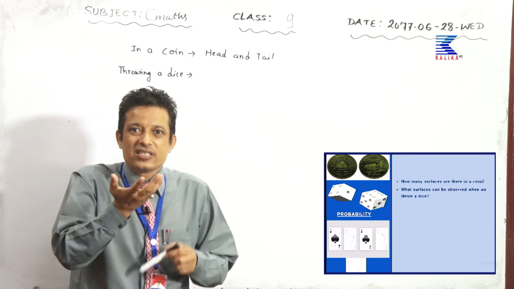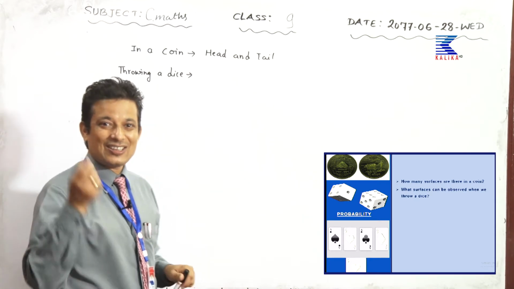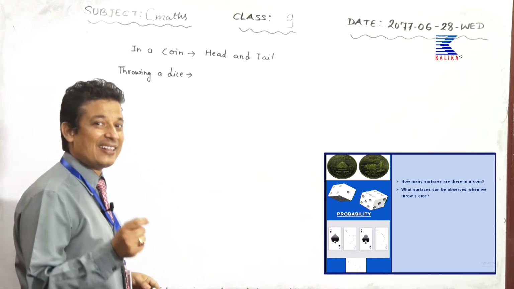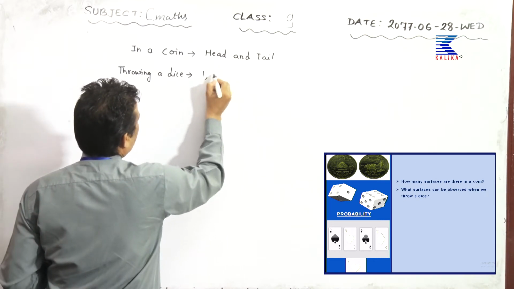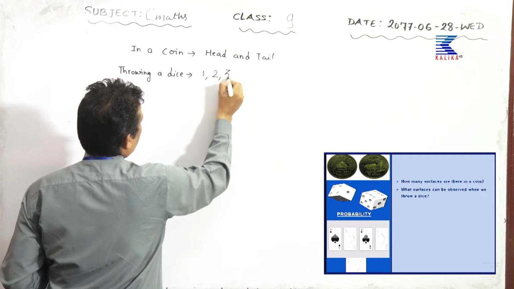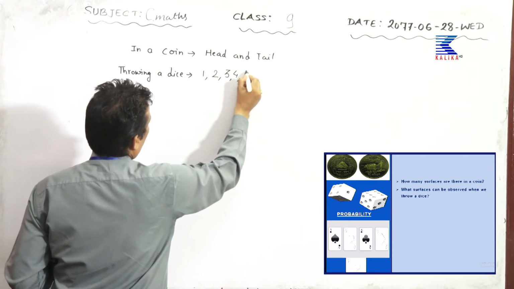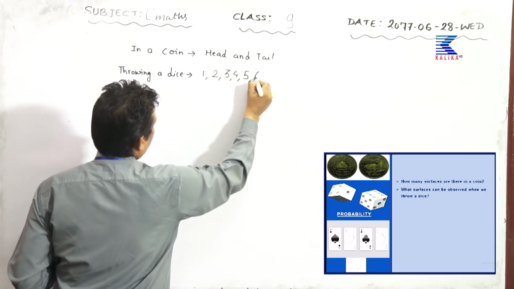What appears at the top surface? The appeared number in the dice can be 1, it can be 2, it can be 3, it can be 4, it can be 5, or it can be 6.